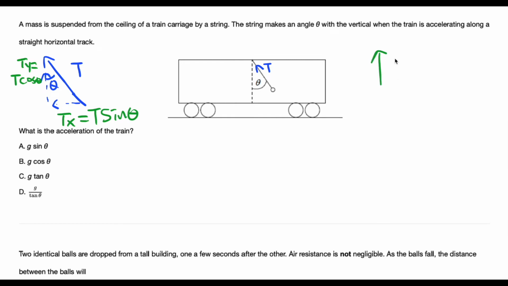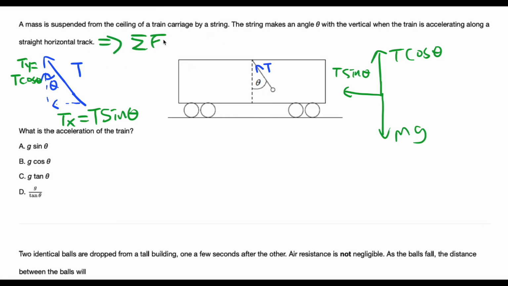Sorry. And the horizontal component is T sine theta. Yes. And we know there's also going to be a force of gravity acting on the mass. Since it says the train is accelerating along a straight horizontal line, this tells us the net force in the vertical direction must be equal to 0 newtons.